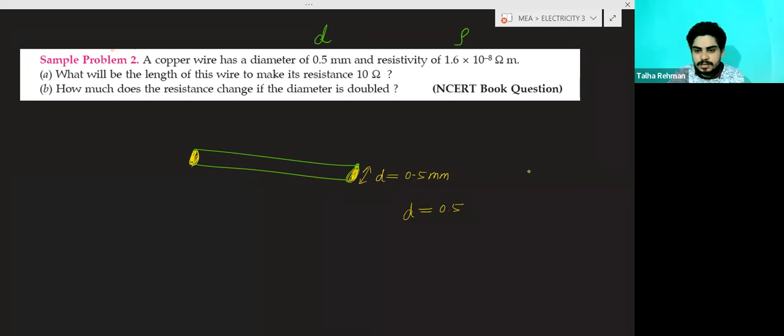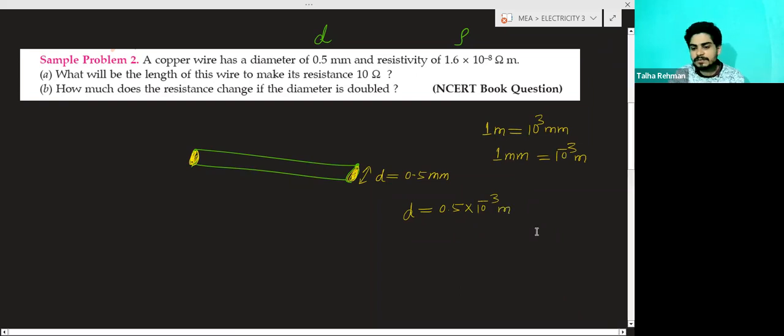So in 1 meter, there are 10 to the power 3 millimeters. Okay. So in 1 millimeter, there will be 10 to the power minus 3 meters. So we will multiply this value with 10 to the power minus 3, so we will have the diameter in meters. Okay.